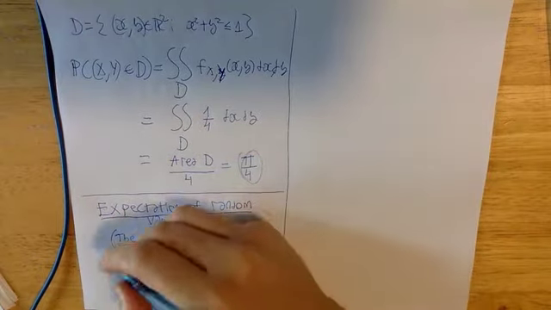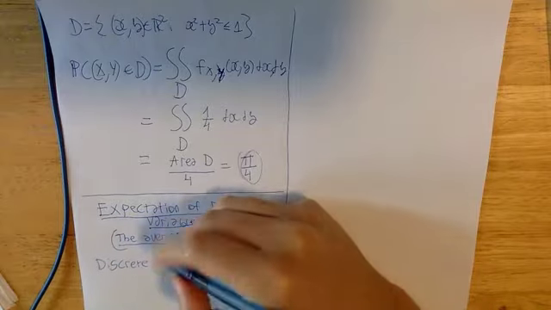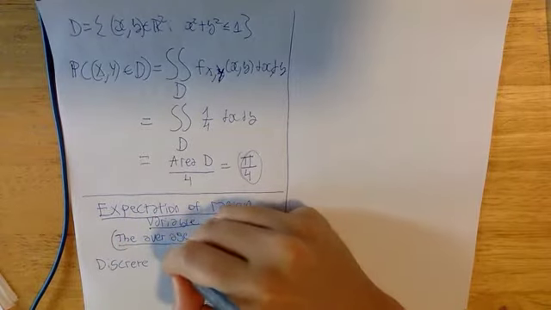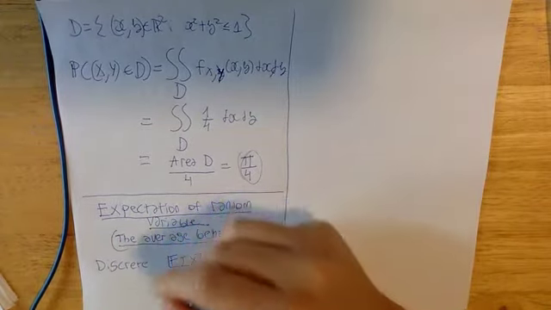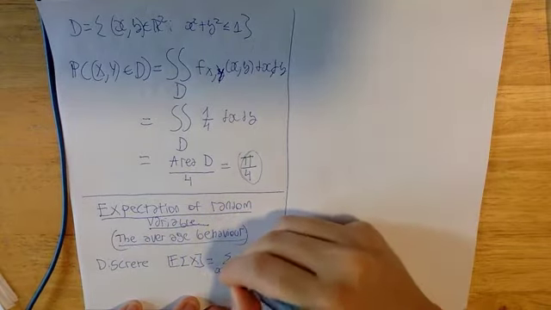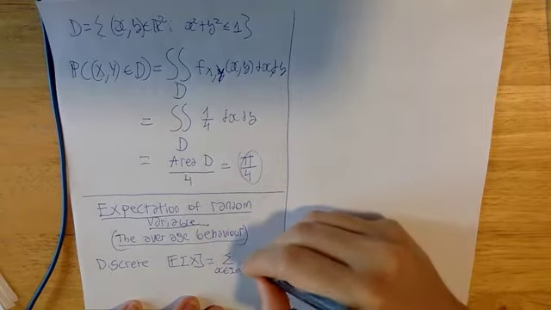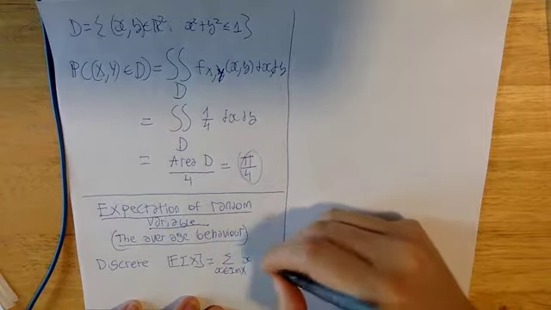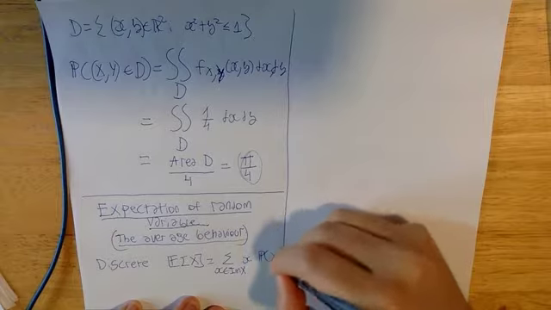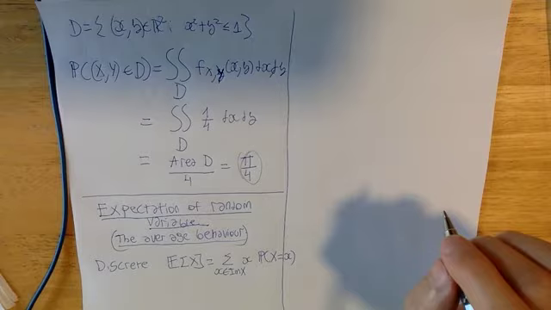For a discrete random variable, the expectation of x is the sum over x in the image of x of the product of x times the probability that the random variable is equal to x. Okay, so that's for discrete.